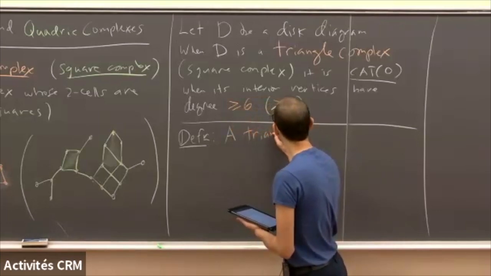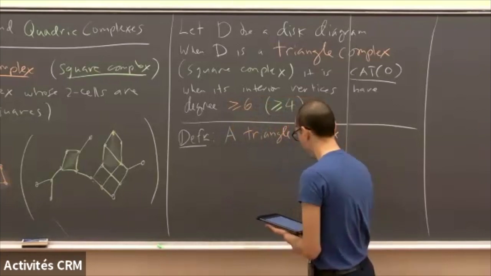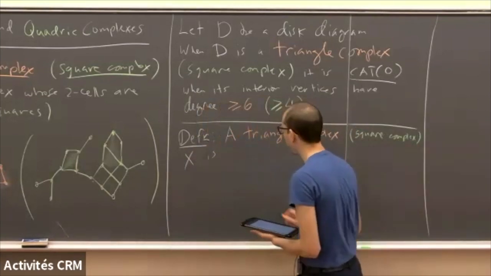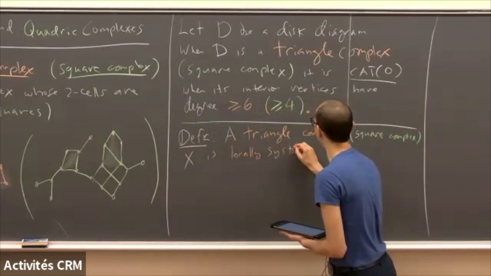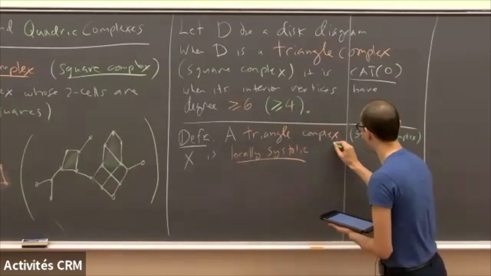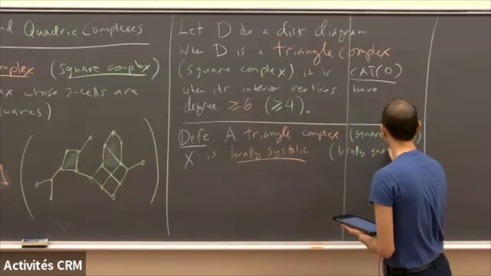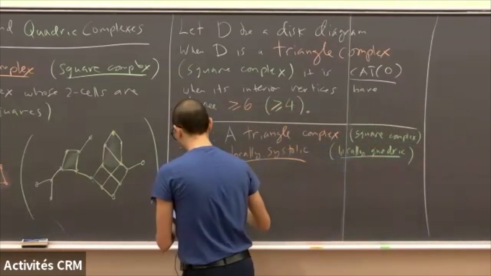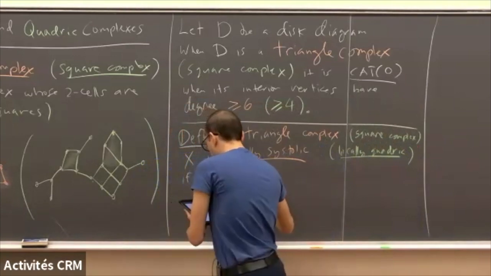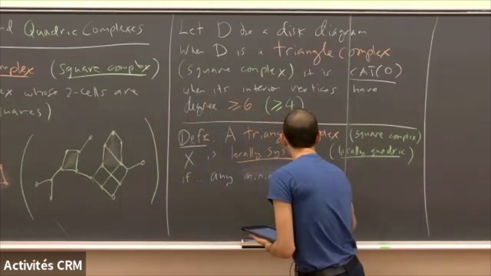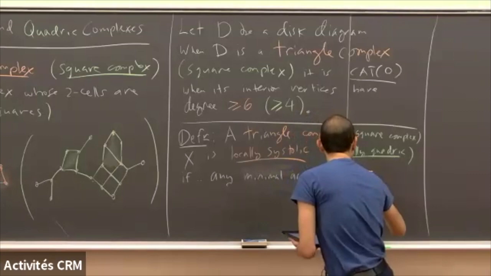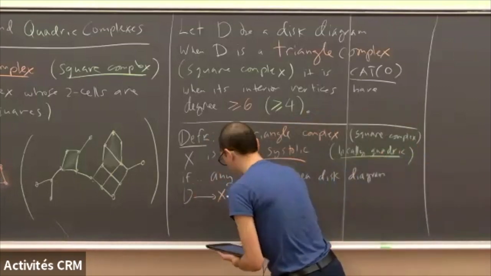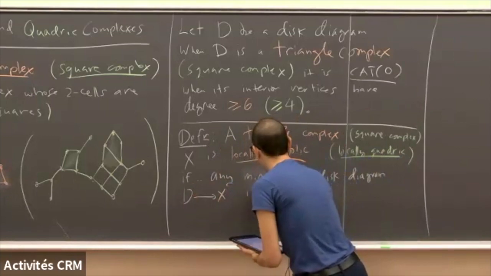A triangle complex, square complex, X is locally systolic, locally quadric, if any minimal area disk diagram D to X is CAT(0).